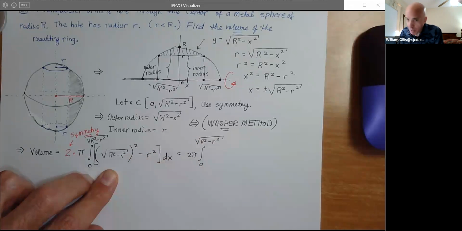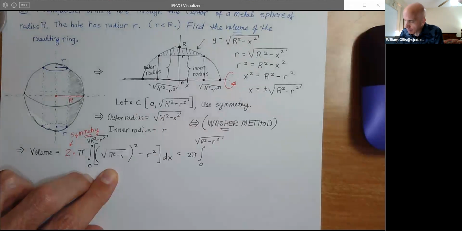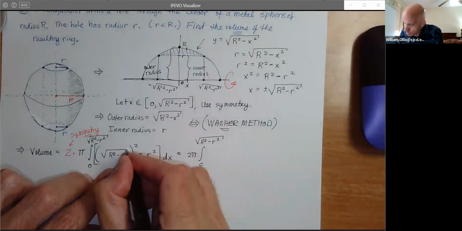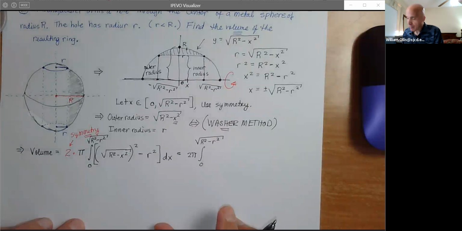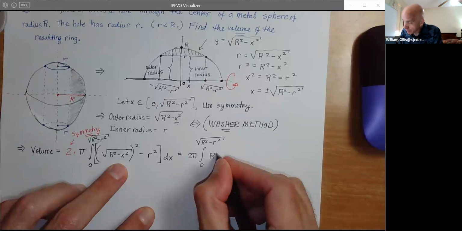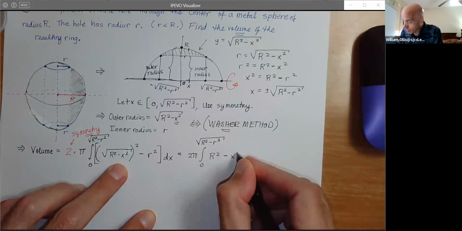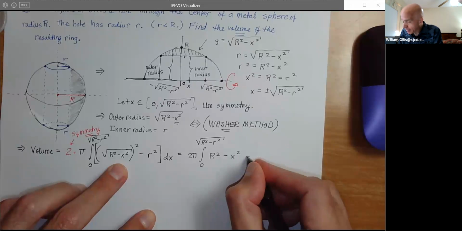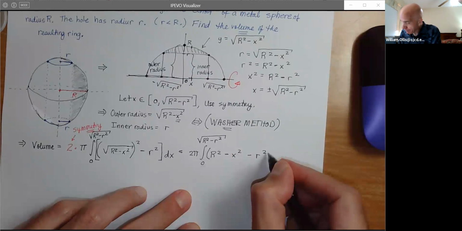See, that's what's so good about the math. It just self-corrects. So we need the x squared there. So now when we square, we get R squared minus x squared minus r squared dx.